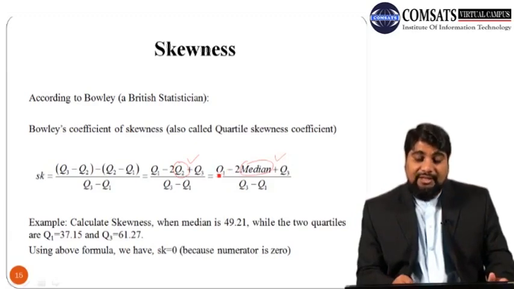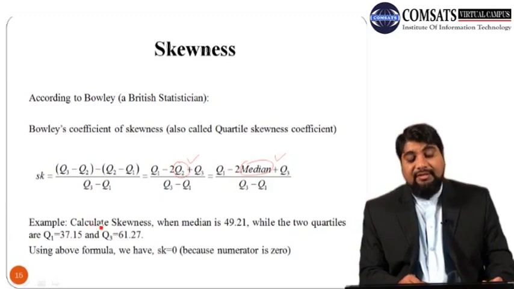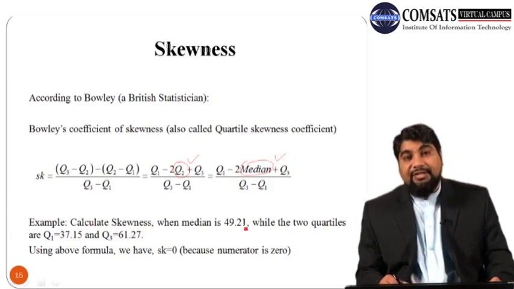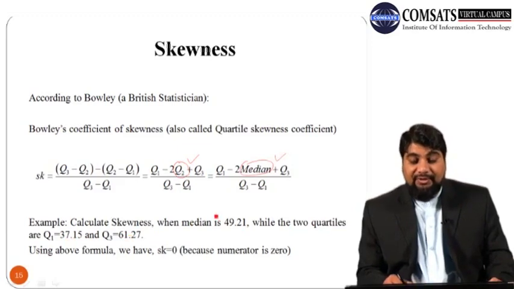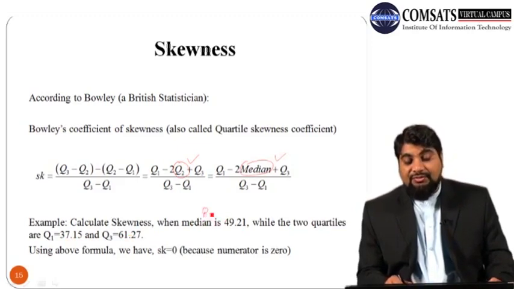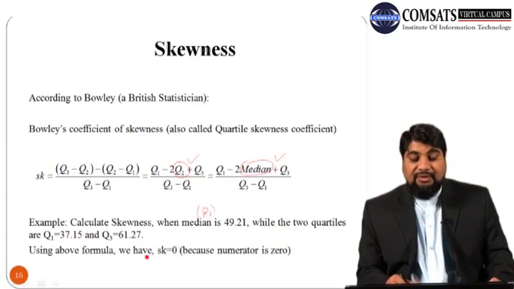So let us consider an example. Calculate skewness when median is 49.21 while the two quartiles Q1 and Q3 are also given here. We know that this median is same as Q2. So using this formula, just replace these values here.